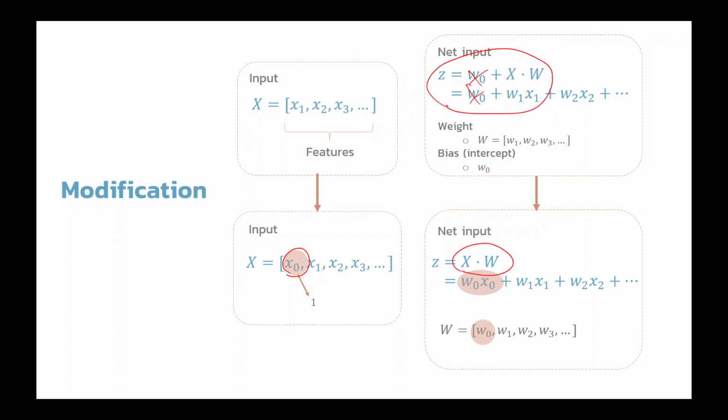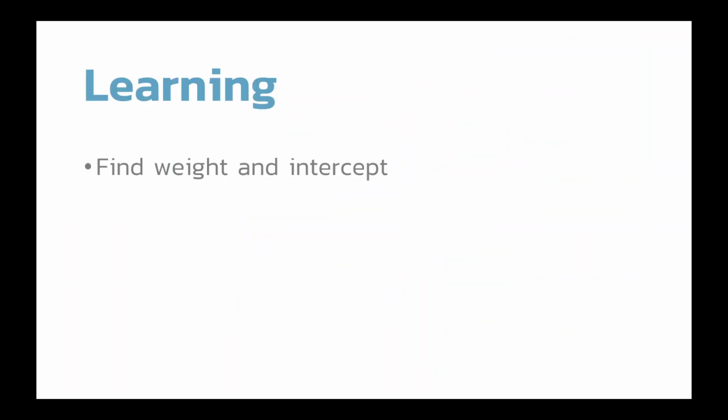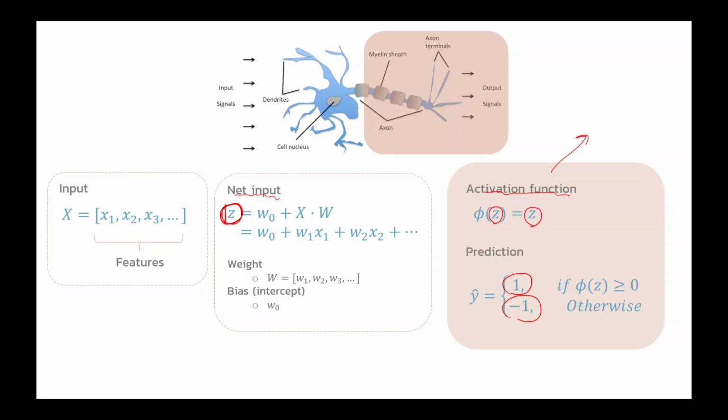This is for shorter notation, and that's it. Don't worry if it's not clear to you. It's just so that I can write the same thing as z equal to x dot w. That's all I'm doing.